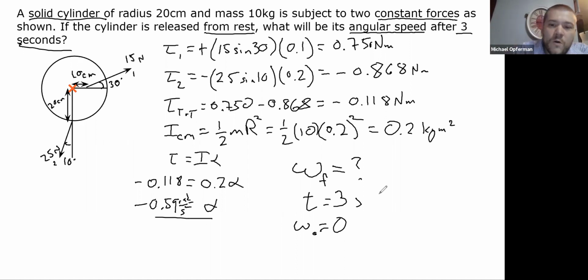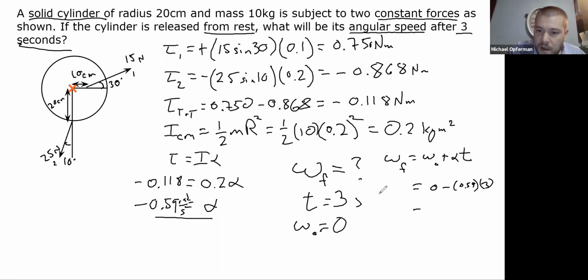So my kinematic equation is going to be omega F equals omega O plus alpha T, which is the analogy for VF equals VO plus AT. So I've got 0 minus 0.59 times 3. It turns out all I have to do is multiply alpha by 3.